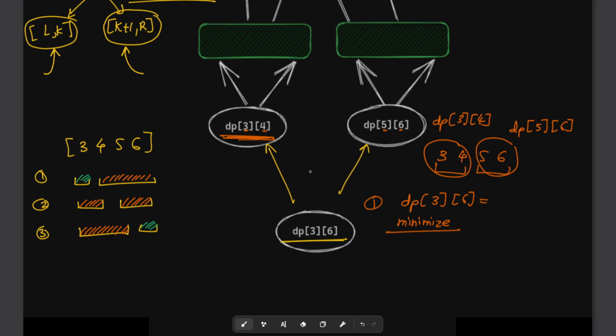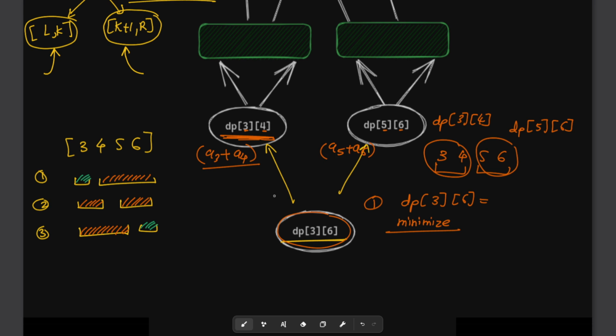And the cost of merging these two into a larger one would be the sum of the elements in those, right? So this had the elements a3 and a4, so it was a single block with this sum, and this was a single block with a5 and a6.